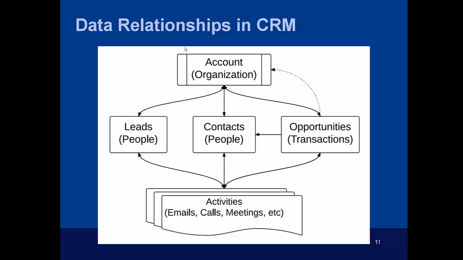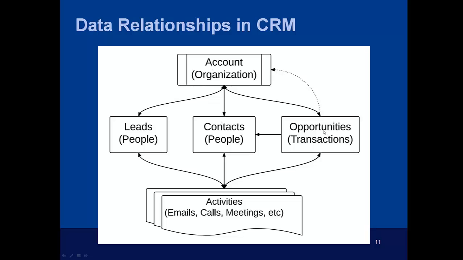We have two records that represent people and another record that represents our transaction, or potential transactions when and if they occur. Our leads and our contacts represent the people that we actually speak with within those organizations. As you can see, these are under the organization umbrella.